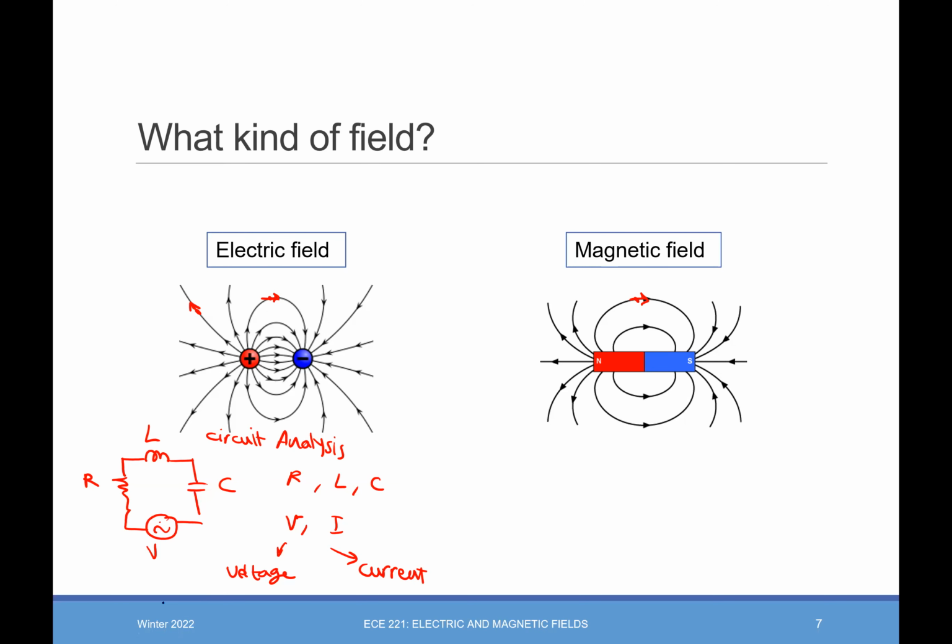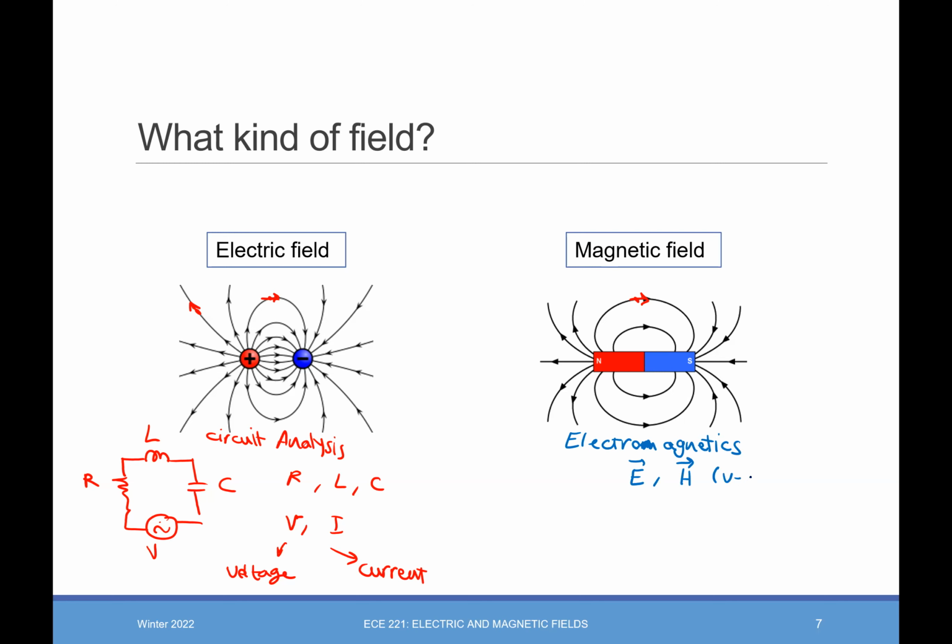You can easily associate or connect these concepts that you know from circuit analysis to the concepts of electromagnetics. In electromagnetics, as by now you know, we are interested in electric and magnetic fields, which are vector fields.